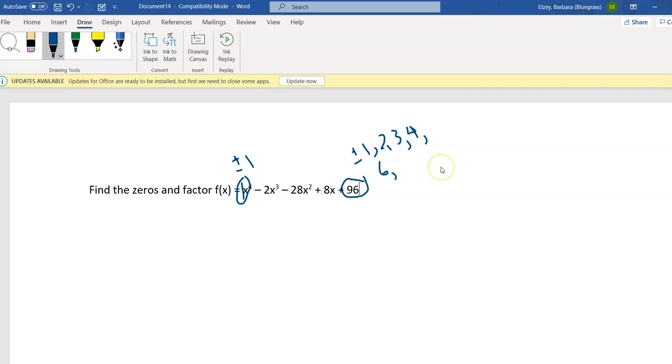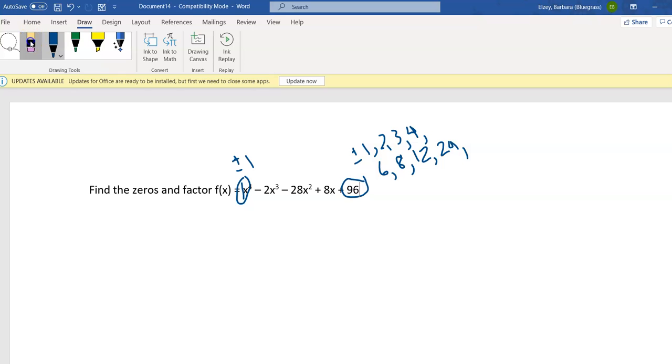I'm guessing that maybe 8 does, but let's see. 8 does go into it. 12 goes into it. 24 goes into it. 48, I believe, goes into it.